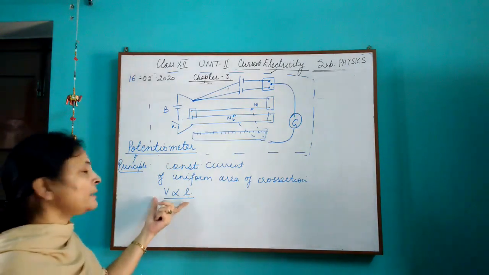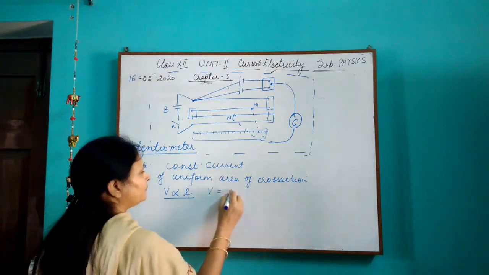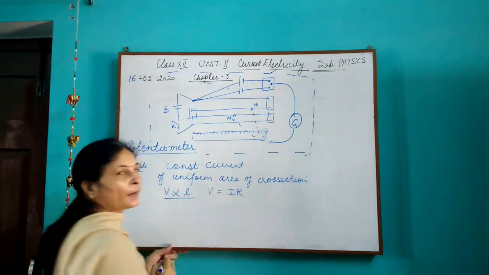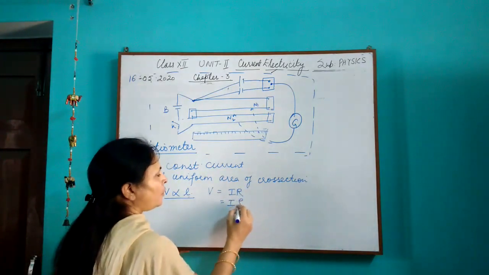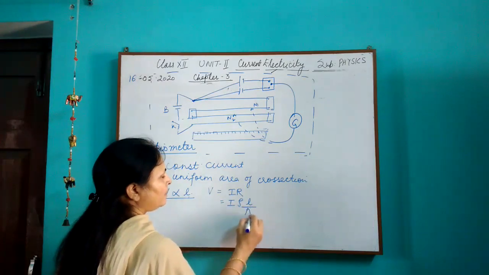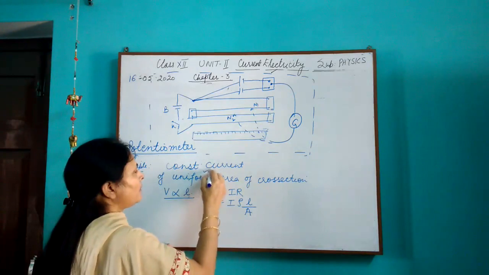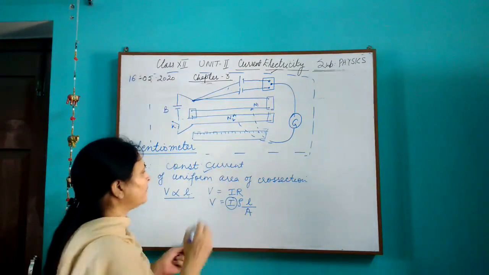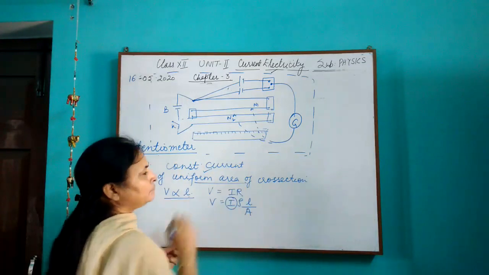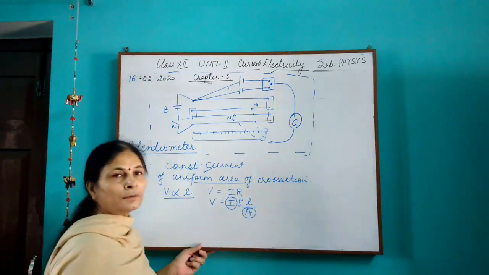Now how have we reached this result? So you know V is equal to IR. R can be written as rho L upon A. Now what am I saying? Constant current, uniform area of cross section.